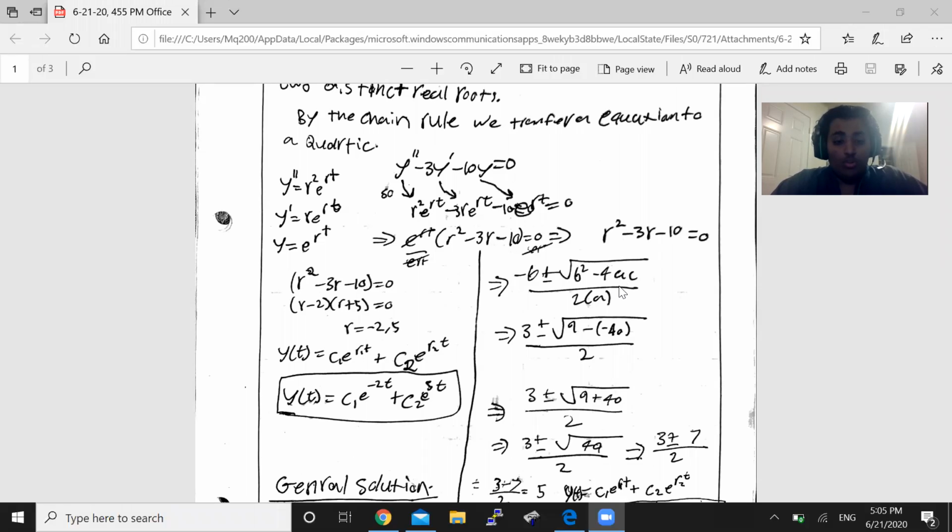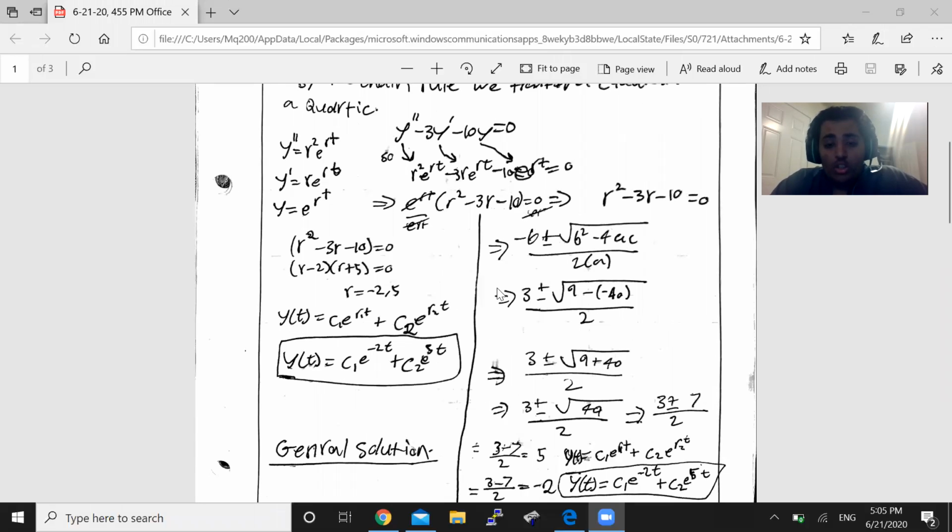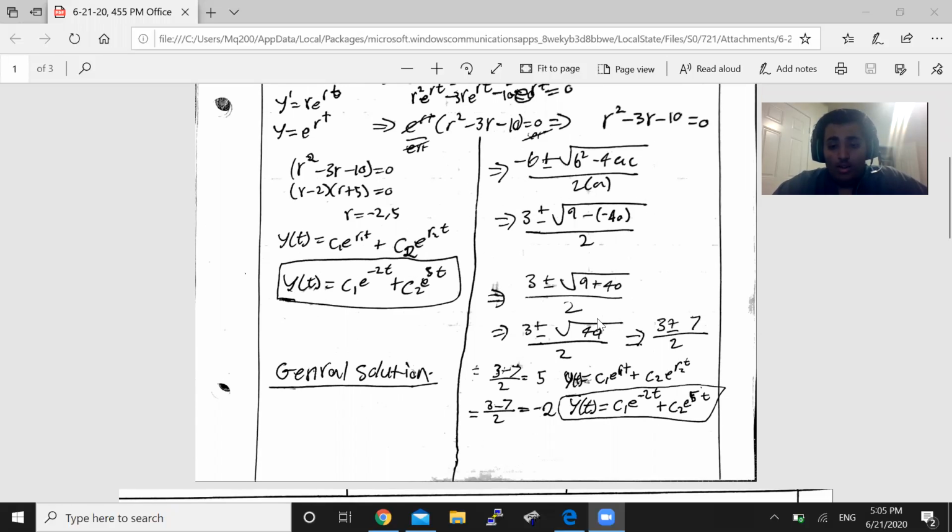Let me explain the quadratic method. You see r squared minus 3r minus 10. That's what I got, transferring this using the chain rule to this quadratic equation. I just plugged in the numbers and solved, and I got one root is 5 and the other root is -2.